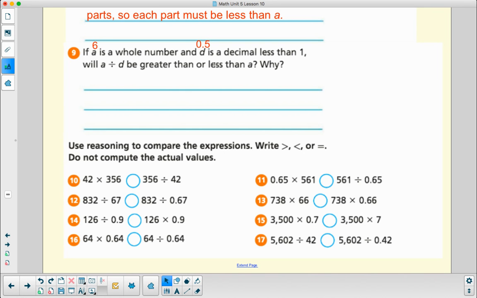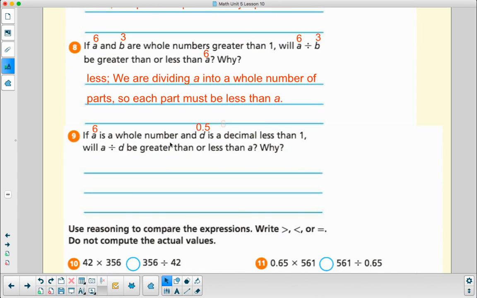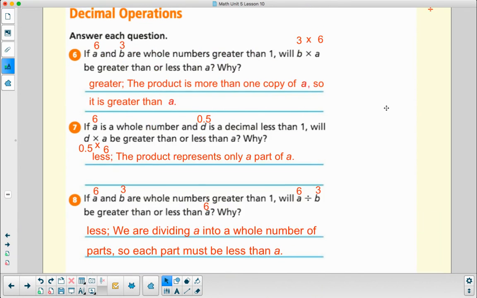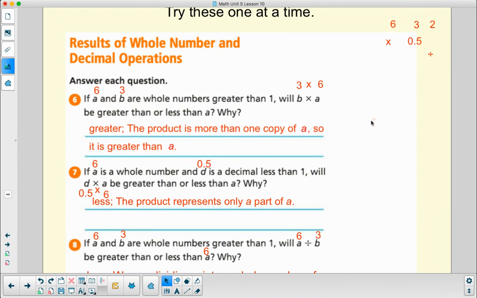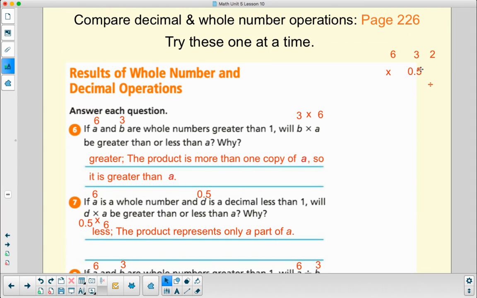Is A divided by D. So when I take 6 and divide it by 5/10.